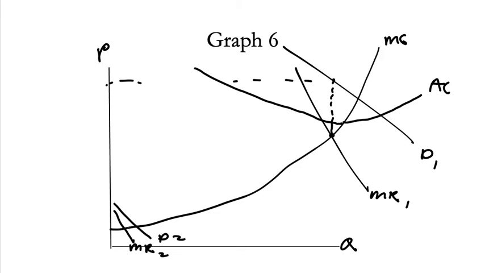So for the second one here, you see where is AC for the second one if I extend it? Oh my God. AC is even more than the demand curve. Demand is below AC. D2 is below AC. So is it worth it to do price discrimination?